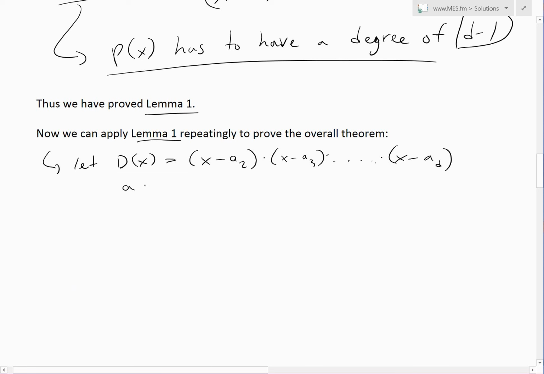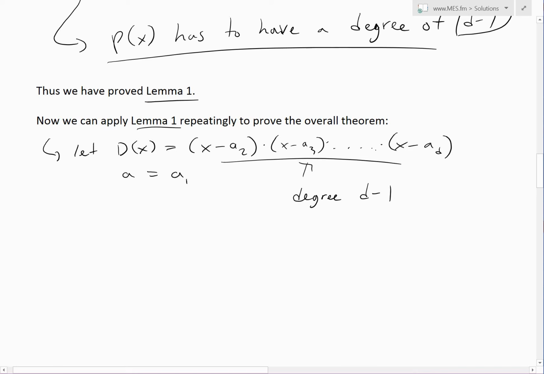And we let a equal a1 right here. So this d of x now has a degree of d minus 1. That's because we've removed the x minus a1. So now this is just x multiplied d minus 1 times.